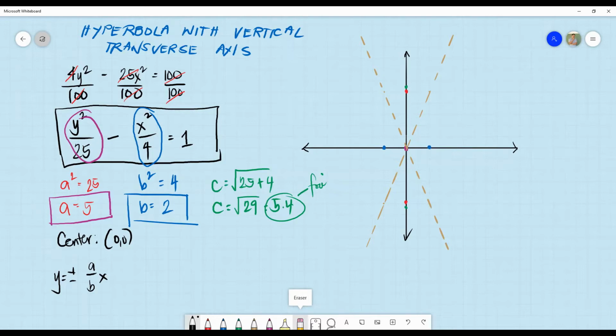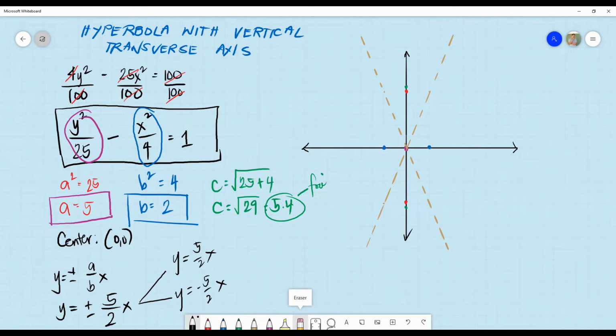So we will now have y is equal to positive, negative 5 over 2 x. So the two equations will become y is equal to 5 over 2x and y is equal to negative 5 over 2x.